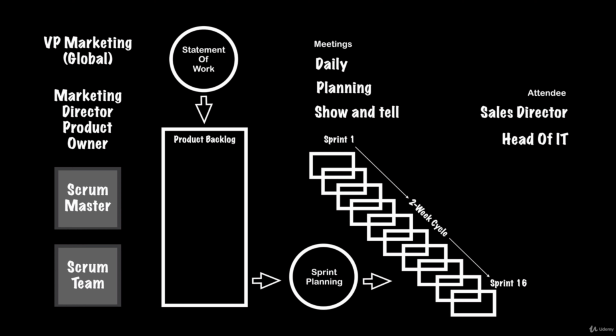And one thing I'd like to highlight about this is we used a blend of Kanban and Scrum to implement this project. At the beginning of the project, the sales director, the head of IT, the VP marketing, and the marketing director had 2-day training. This 2-day training wasn't about Scrum or Kanban.